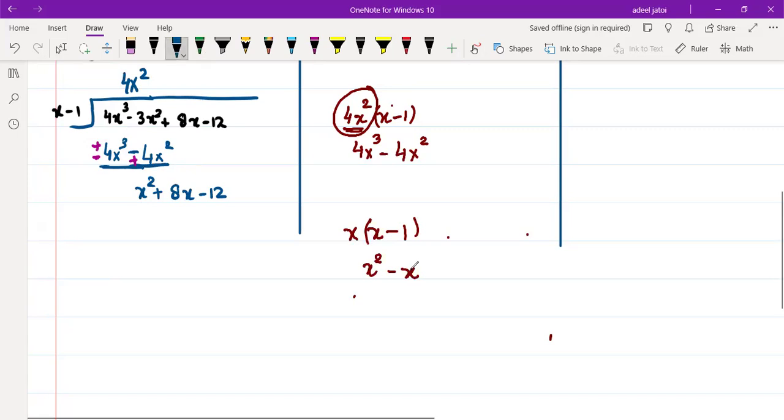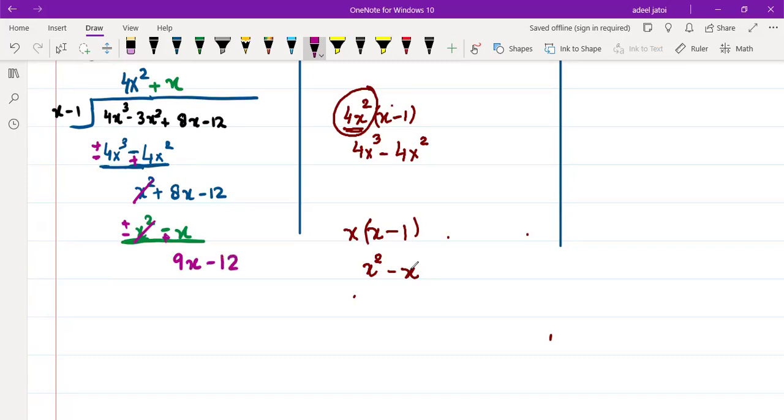We write plus x at the top, and here x squared minus x. Then we subtract again: plus becomes minus and minus becomes plus, sign change. This and this cancel. So what you are left with is 9x now.